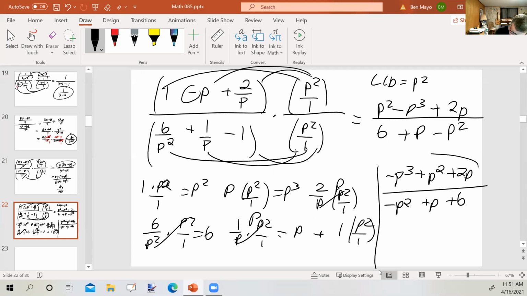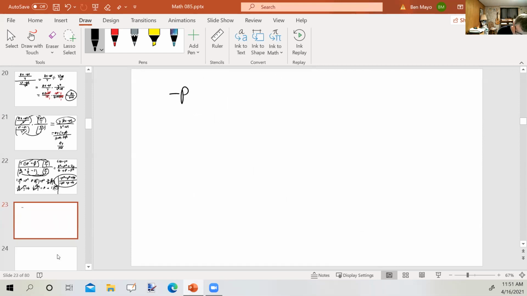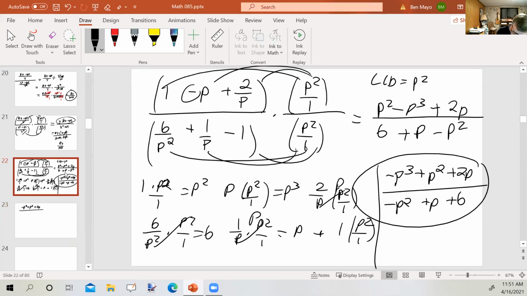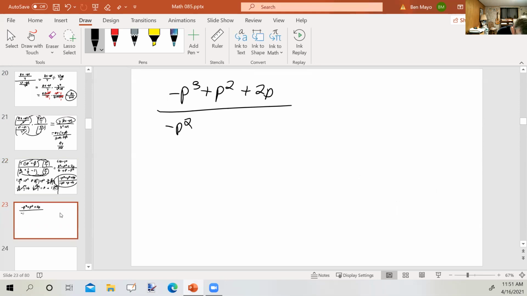I'm going to take that and recopy it on the next page because I need some more room. So negative p cubed plus p squared plus 2p, over negative p squared plus p plus 6.